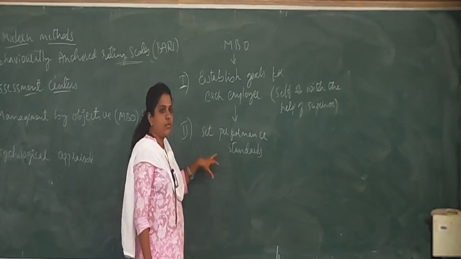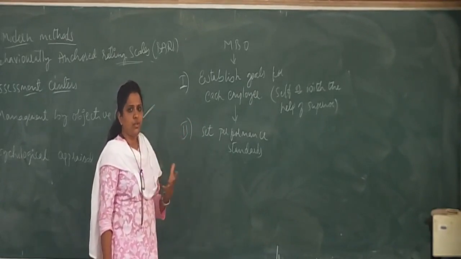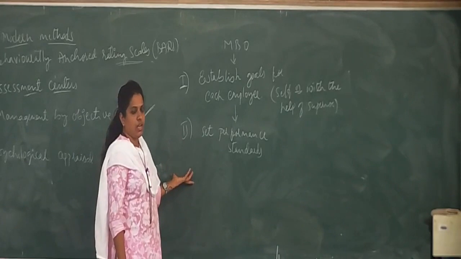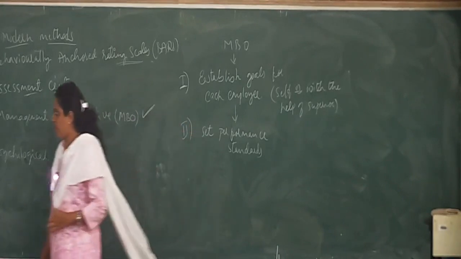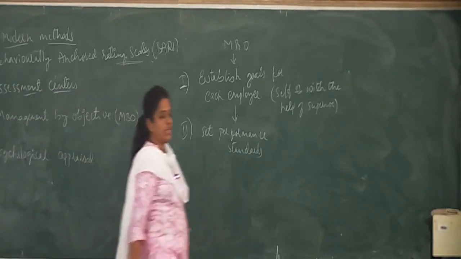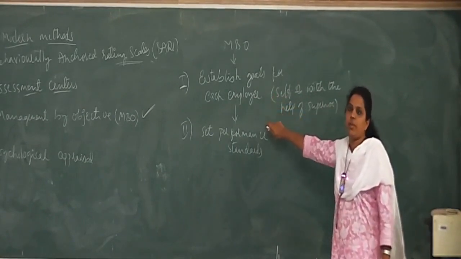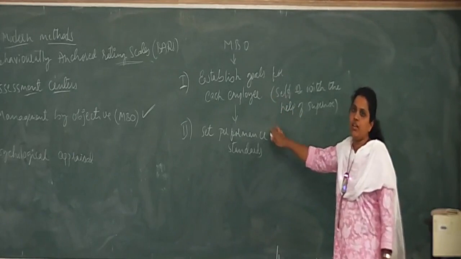If you take the person who is working in the procurement department, his objective would be to maintain the required amount of raw material all the time.